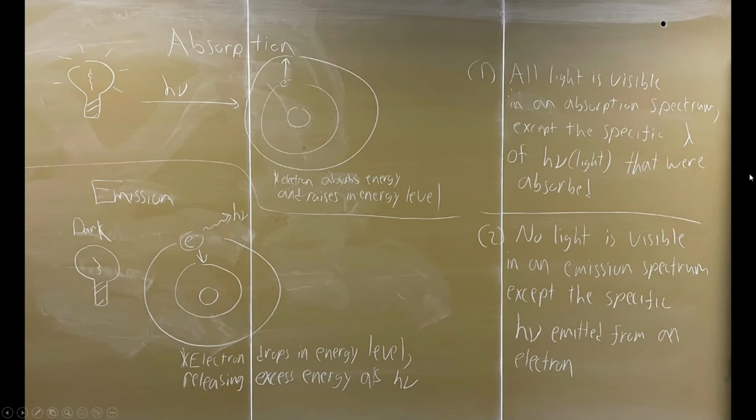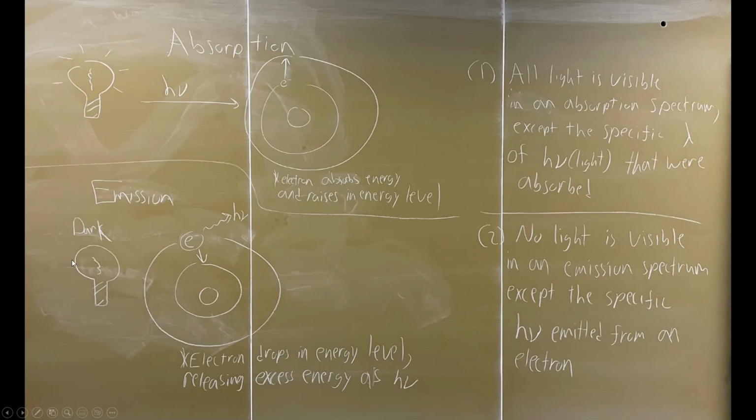Another way of looking at it is, to get an absorption spectrum, you have a light source that's on. A way of representing light is h nu, so energy of light is approaching our hydrogen atom. The extra light hits this electron and moves it to a higher energy level. So the energy that got absorbed, we're no longer detecting at the other end here.